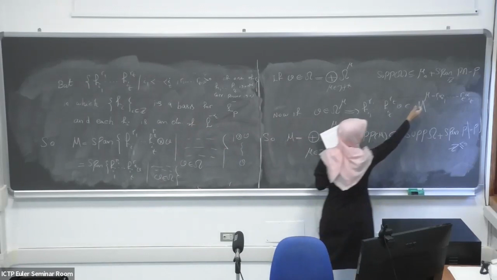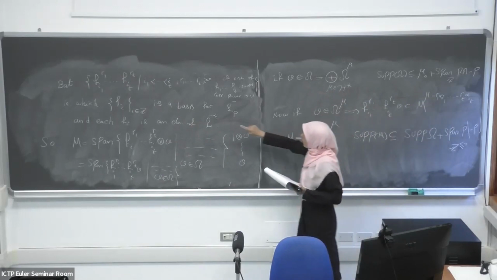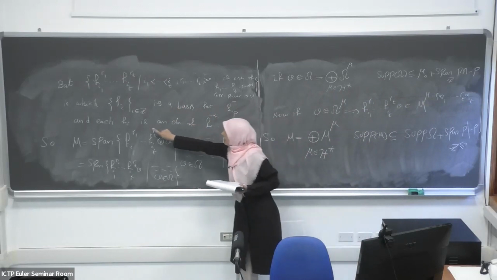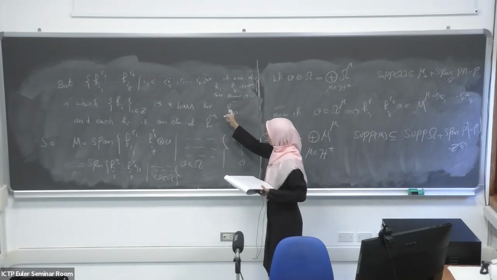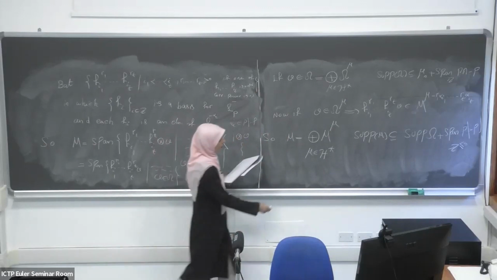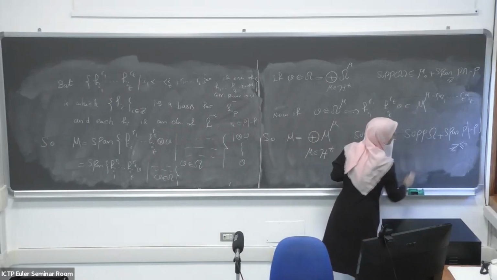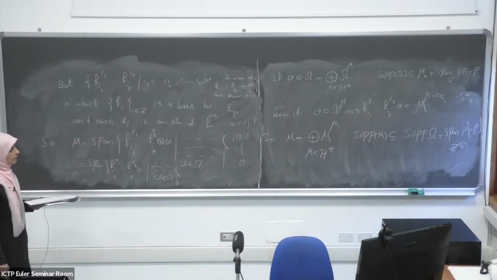Because mu is an element of the support of omega, and alpha I1 up to alpha IT are elements of, here we write here, each Fi is an element of L minus alpha I, and alpha I is an element of P minus P. So we have a vector space decomposition for M, and the support of M is a subset of the support of omega plus the span of P minus P over non-positive integers.